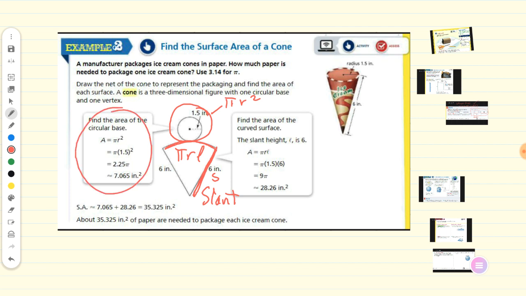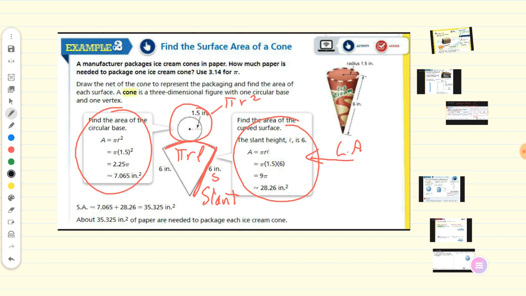Get the area of the circle, and then the area of the other part, the curved surface, and we call it sometimes lateral area. So this area is lateral area.